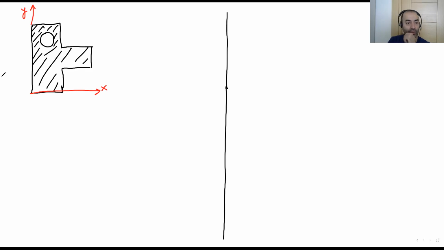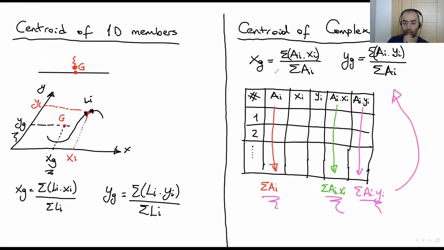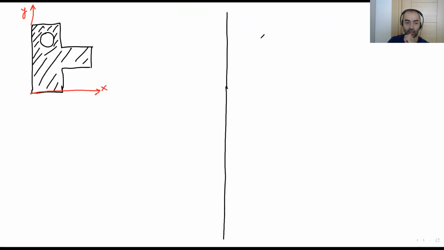Okay, basically in our equations here, you can see we have different pieces. We can divide this shape into different pieces. Let's do it.